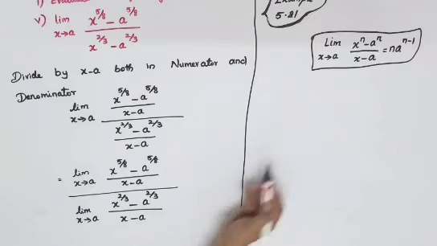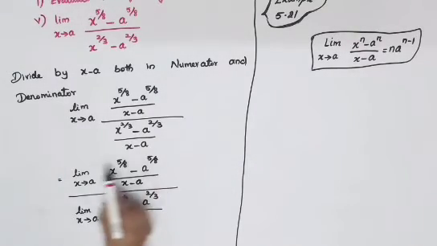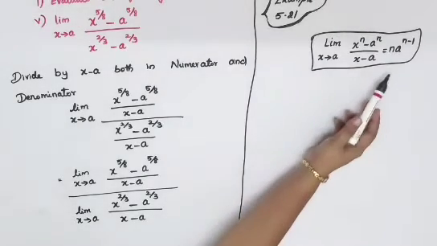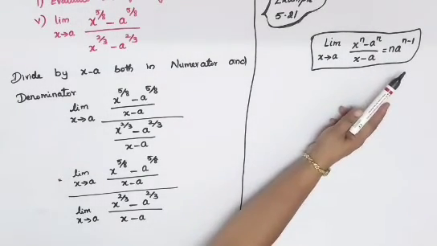Now this formula will be replaced in the numerator as well as in the denominator. Now we can go to the right hand side, that is n a power n minus 1.